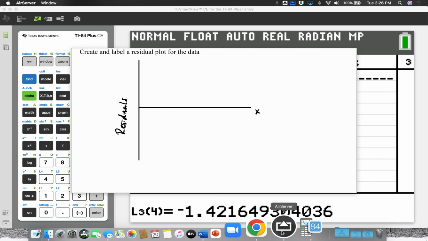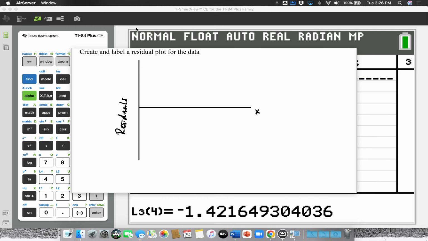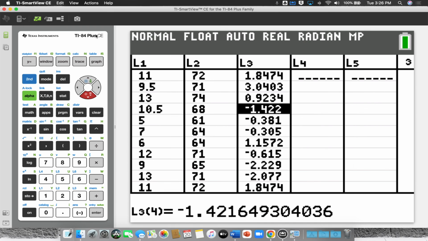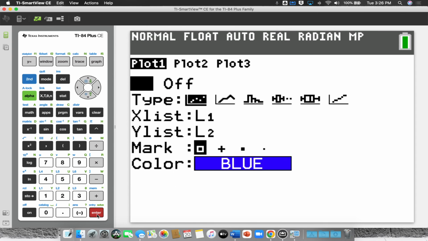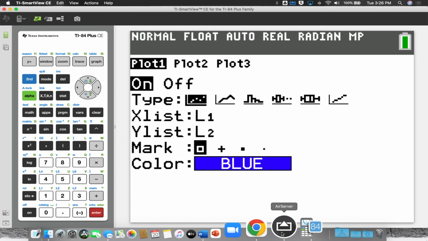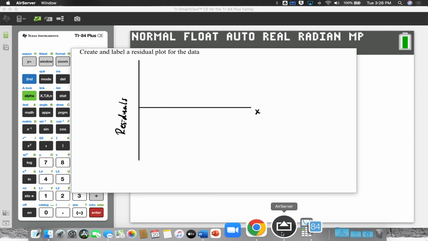Okay, so what we're going to do is graph that. So let's go make a scatter plot. Let's go make dots. Second, stat plot. What do I want to graph? What's going to be my x?